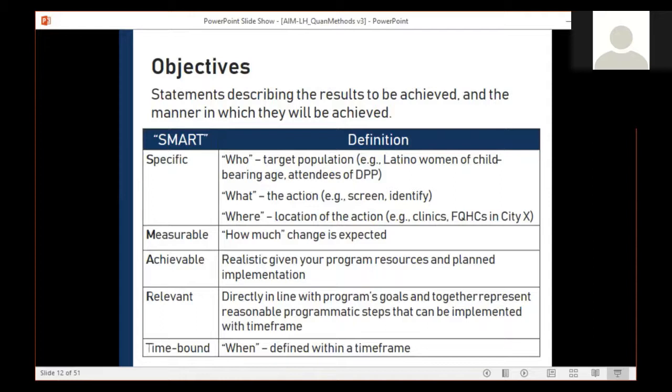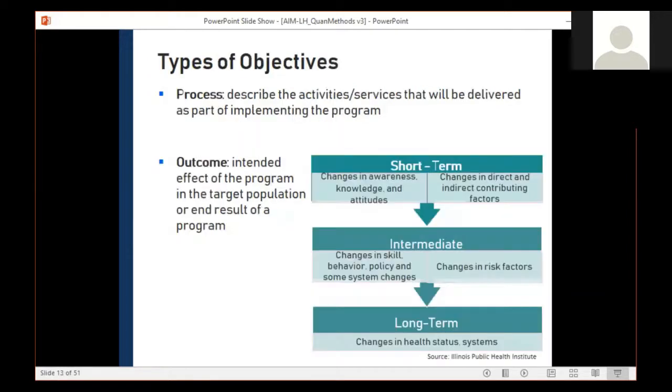And reasonable with the programmatic steps that can be implemented during that specific time frame. And then finally, time bound. This is that time frame of when. I really encourage you to revisit the objectives that you already have in place. Could they be smarter? Could they be fine-tuned or tweaked?